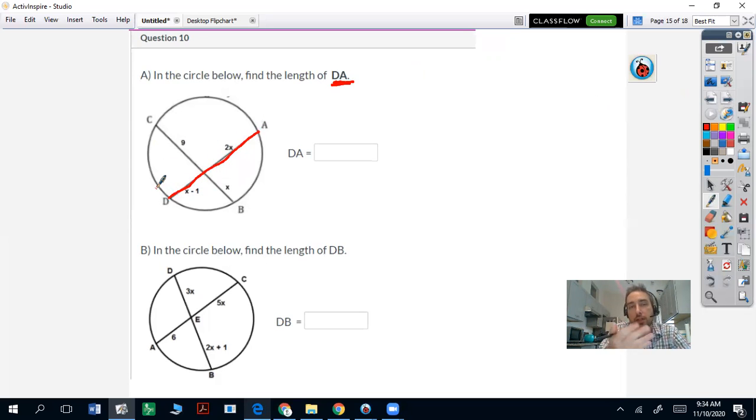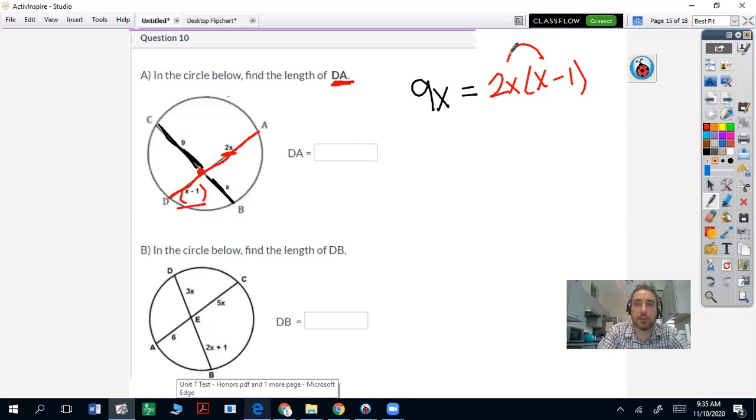So this problem is going to be the same setup, right? We got 9 times x equals 2x times (x minus 1). So we'll start with 9x equals 2x times x minus 1. Okay, 9x equals, let's distribute that. So 2x squared minus 2x.